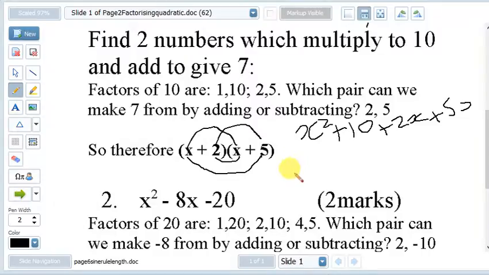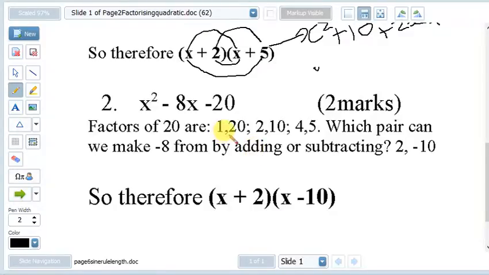So now what we've got is x squared plus 10 plus 7x. Okay, so let's now move on to the next question.